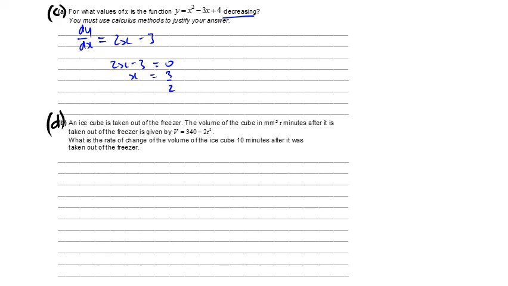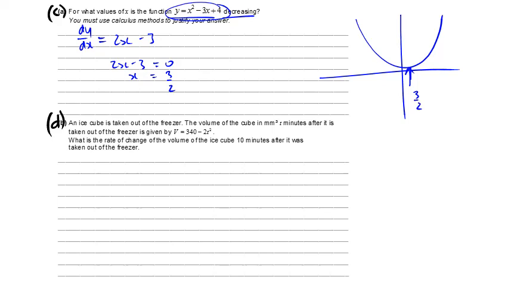And that was your answer? No. But that is where the gradient of this curve is 0. If I was to draw this, it would be like that. Does that make sense? This turning point, the vertex, is at 1.5.